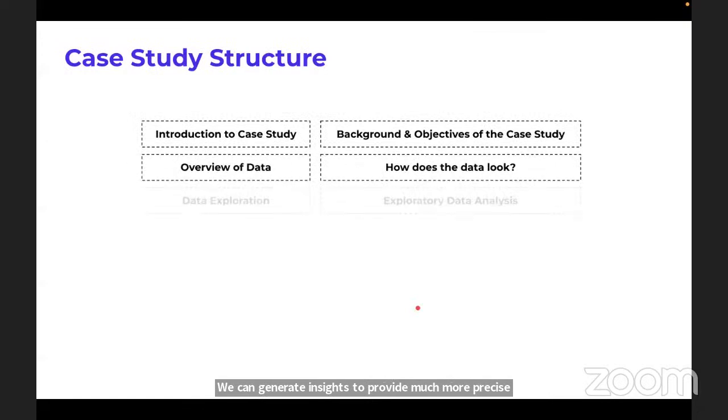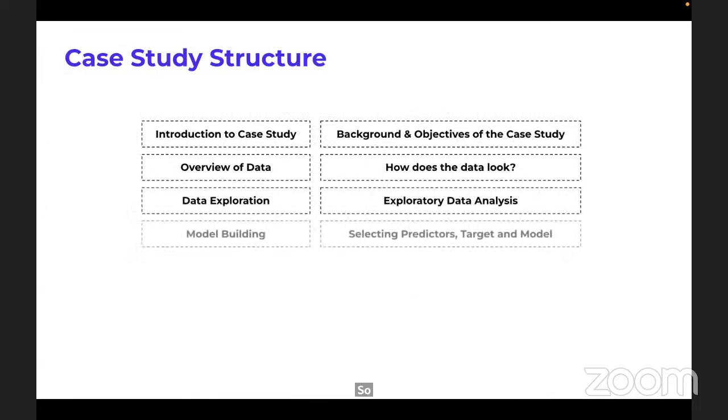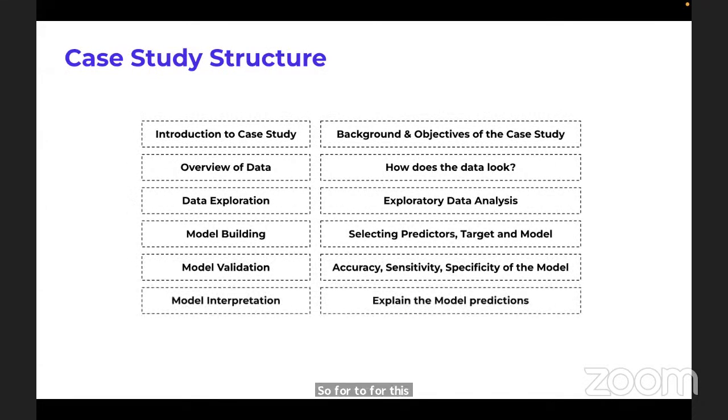So for this hands-on program, we will be discussing a brief introduction about the overview, background, and healthcare data types, followed by some hands-on case studies. And this is how the case study structure would look. First, we would introduce you to the case study, the background and the objectives.